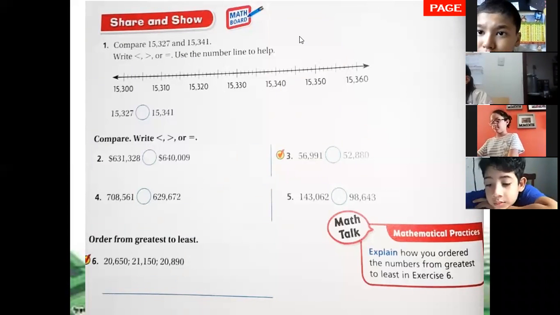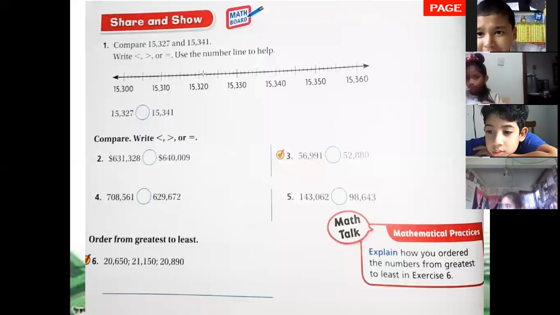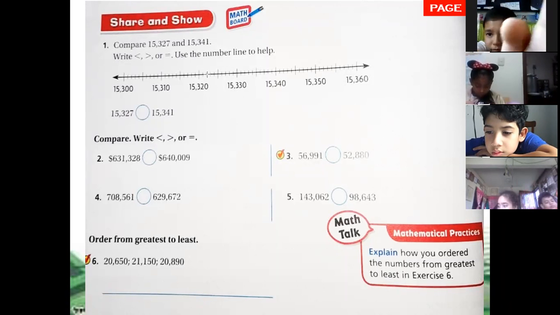So what do we do? What we have to do first is to locate the numbers. Locate the numbers, okay? The first one is 15,327. So we count. You have to do it in your book. 20, 21, 22, 23, 24, 25, 26, and 27.